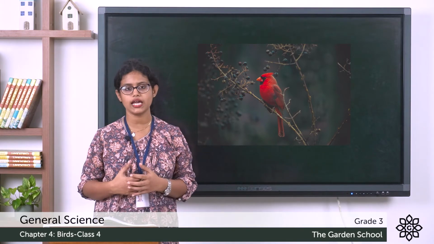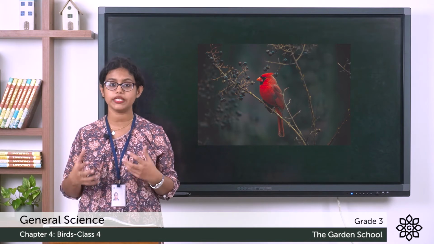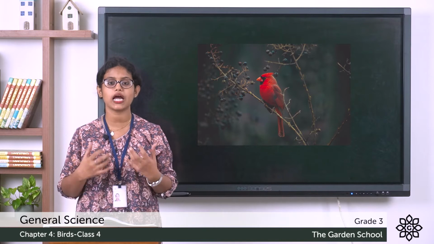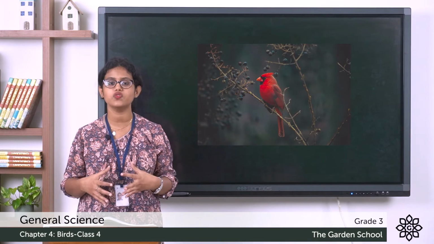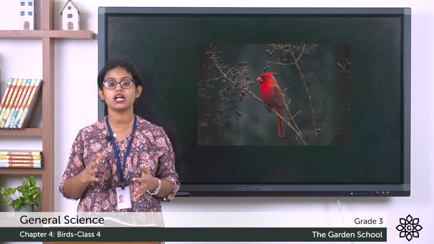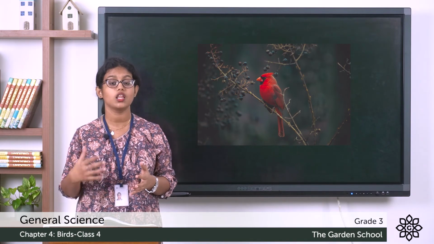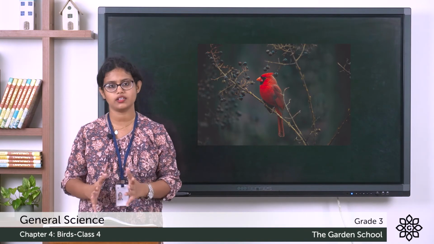And he observed that all these 12 types of finches have different beaks. And he came to a conclusion that different types of birds have different types of beaks, depending on the food they eat. So this is about the scientist named Charles Darwin. And Charles Darwin was a naturalist. Who is a naturalist? The person who is expert in the natural world is called a naturalist.